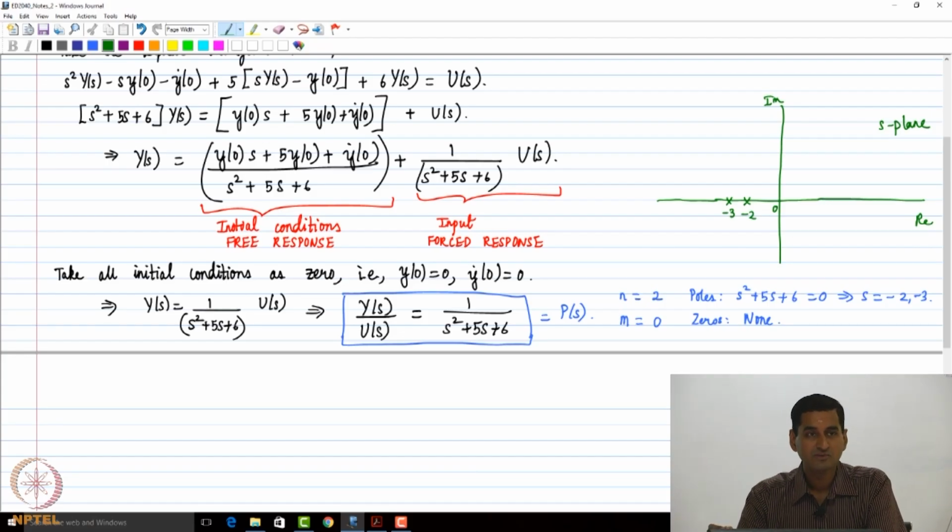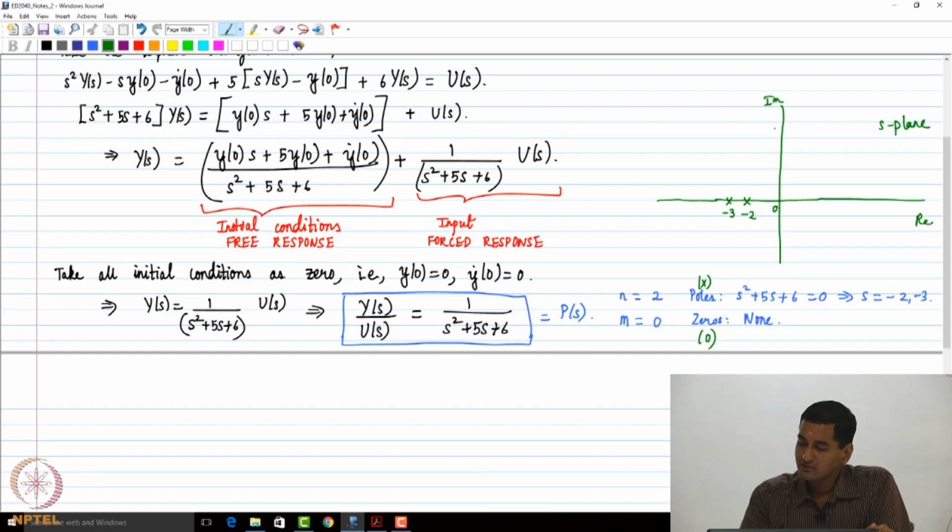Poles are denoted graphically by an X sign, and zeros by a small circle, an O. In this problem we do not have a zero, so I'm not drawing anything there. Please don't confuse the origin with a zero.